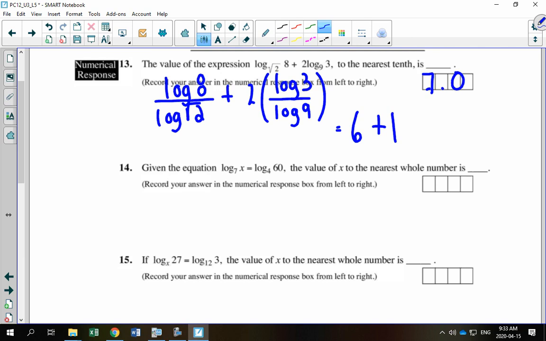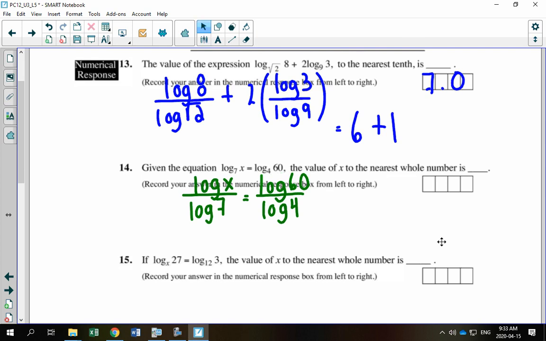For 14, given this equation, the value of x to the nearest whole number is what? So same thing, we can use change of base, just make them equal to each other. So the expression on the left will be log x divided by log 7 is equal to the right side, which is log 60 over log 4. Okay, we can do the right side first, I guess.